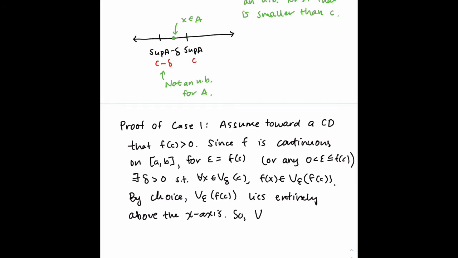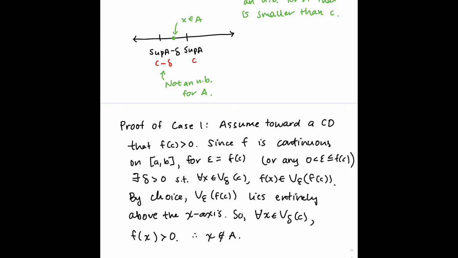So that tells me that for all x in V delta of c, f of x, because it's in the epsilon band, has to be bigger than 0. Therefore, x is not an element of capital A.